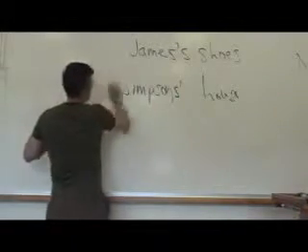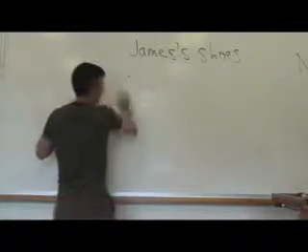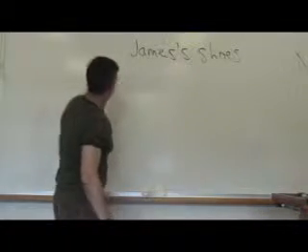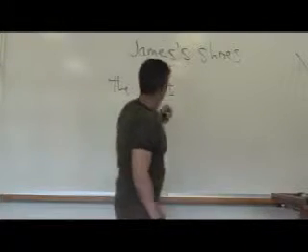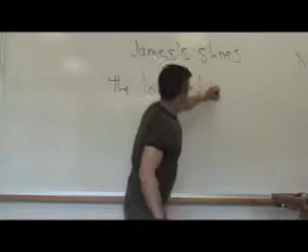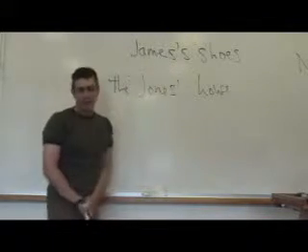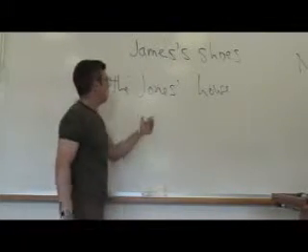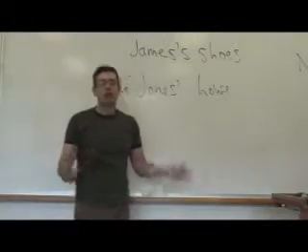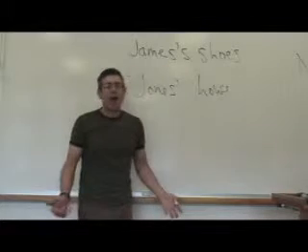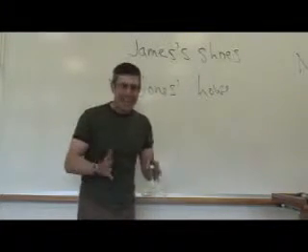Now, what if the name is Jones? What if the name is Jones, and you're going to their house? Well, a lot of people would do that. But then what is the entity to the left of the apostrophe? Something called the Jones. This is not the house of the Jones. This is the house of the Joneses.